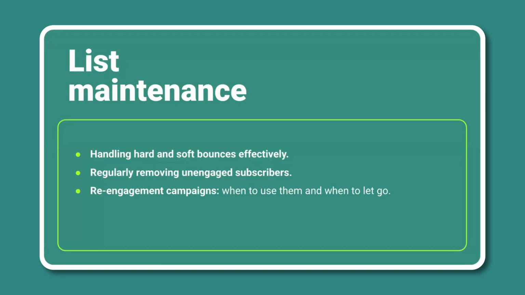You may hear from a lot of experts in the industry that it is crucial to send to your most engaged audience to keep good email deliverability. However, if you do that constantly, you're risking to achieve two things.